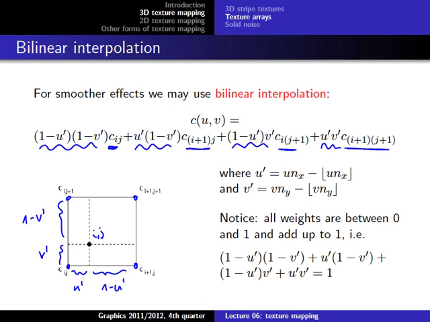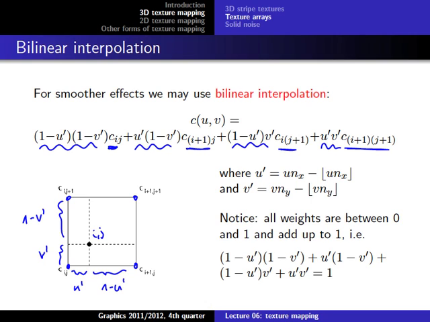Now, if you look at what happens here with the weights, if you look at this point here, the closer this point is to this color, to this vertex of the square, the Cij, the larger these weights 1 minus v dash and 1 minus u dash get.